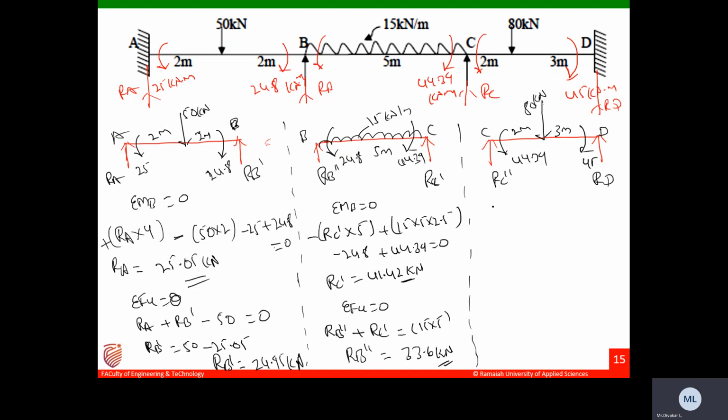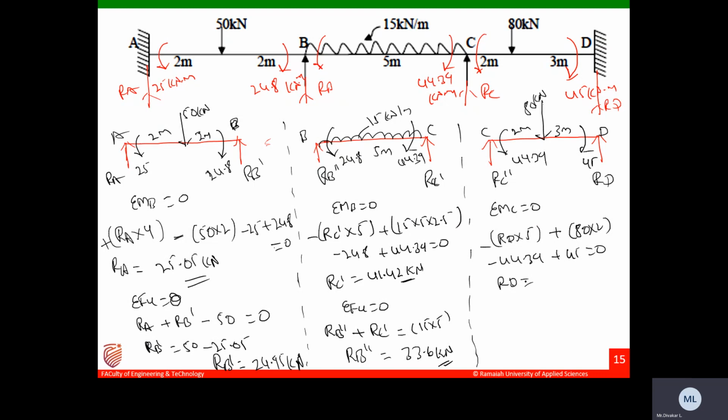Now next, sigma MC equals to 0. RD into 5 minus plus 80 into 2, plus 80 into 2, plus 80 into 2, minus 44.39 plus 45 equals to 0.